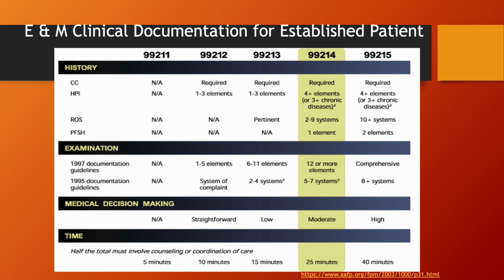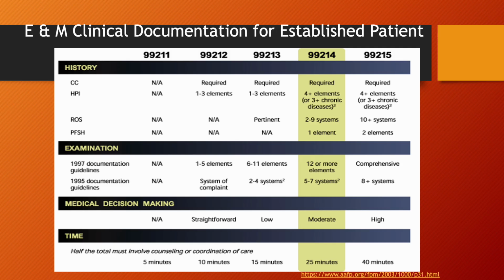Then if you go across the top, you can see that if you were coding a 99212, you want to make sure you're documenting the patient's chief complaint. You need to do a history of present illness with at least 1 to 3 elements.